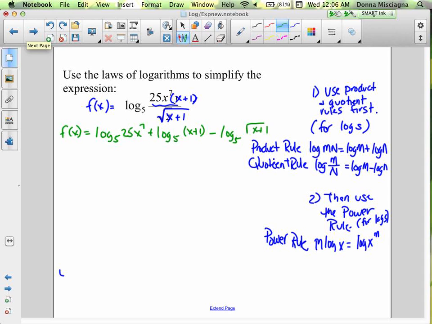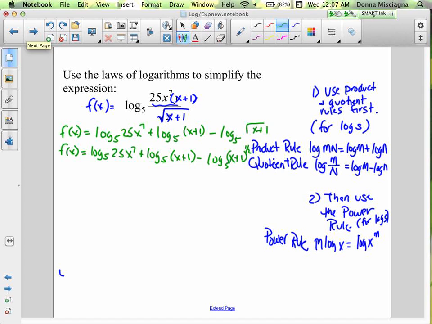Now we're going to use the power rule to change those exponents to scalar multiples. But first we need to rewrite one of them. So f of x equals log base 5 of 25x to the 7th plus log base 5 of x plus 1 minus log base 5 of x plus 1, that's to the 1/2 power.